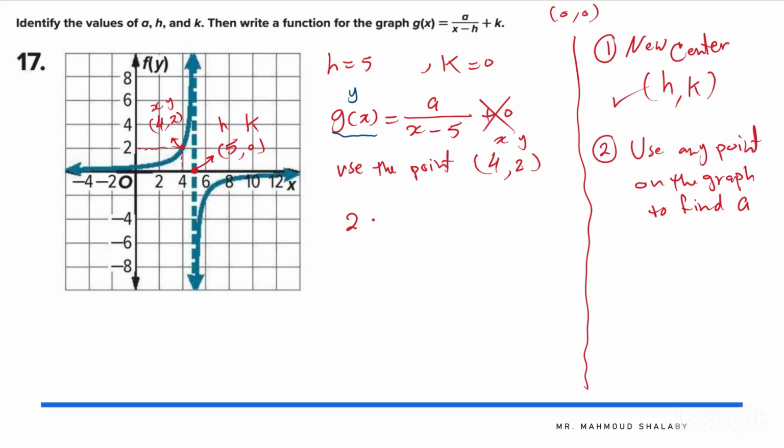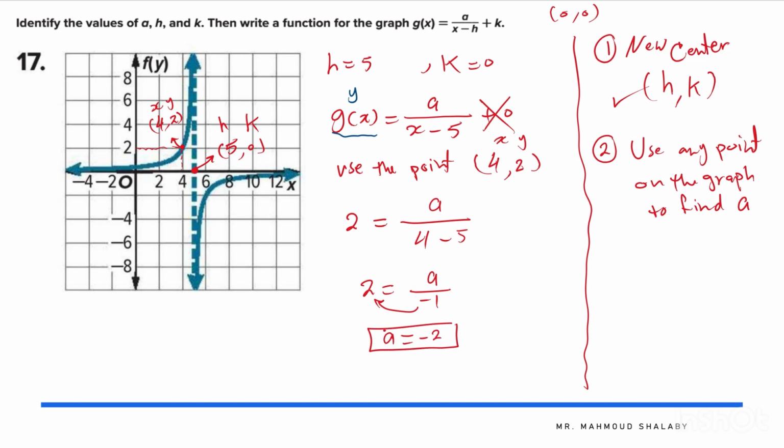So it means 2 equals a over, now the value of x is given here as 4 minus 5, which means 2 equals a over 4 minus 5, which is -1. And to find the value of a here, we will just multiply the -1 by 2. So a equals -2.